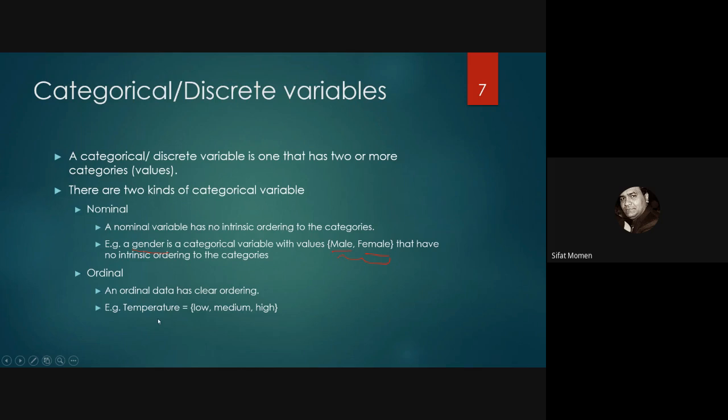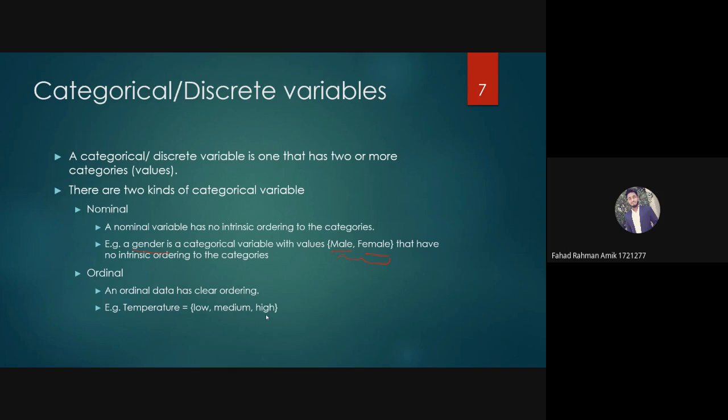The temperature is a categorical variable in this example if you do not measure the actual value. If you find the actual value, like 25 degrees Celsius or 26 degrees Celsius, that's not discrete, that's continuous. But let's say you categorize the temperature variable as either low, medium, or high temperature. If you categorize this way, is it discrete or is it continuous now?